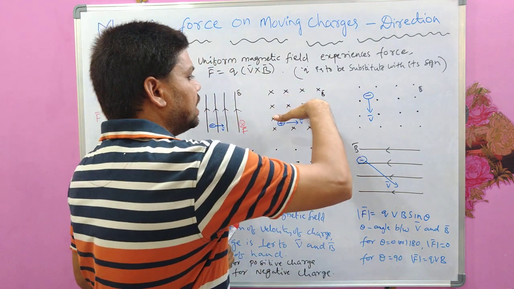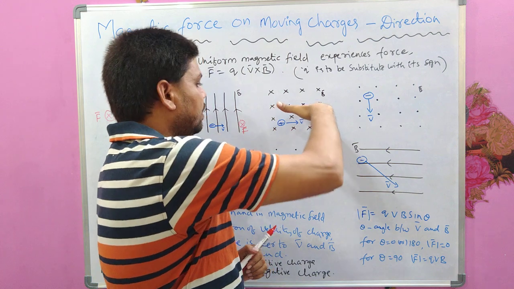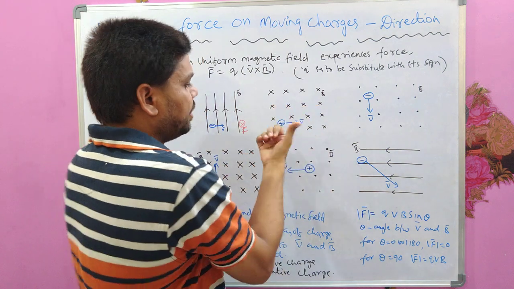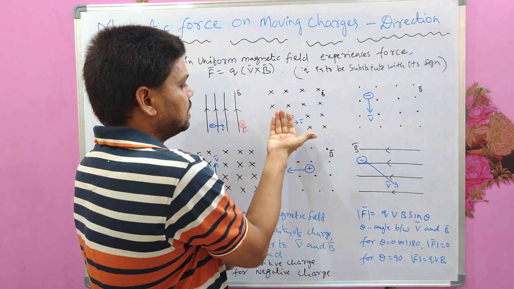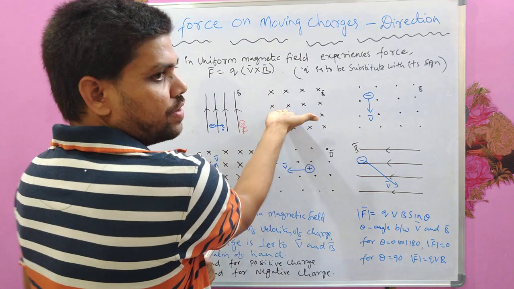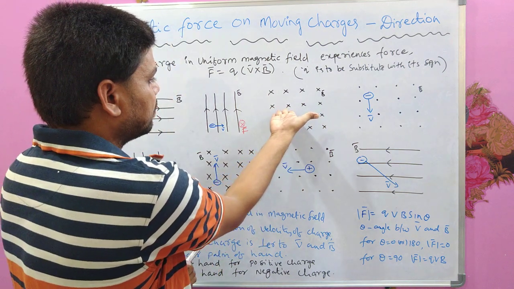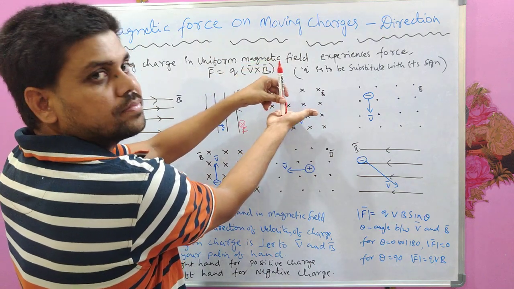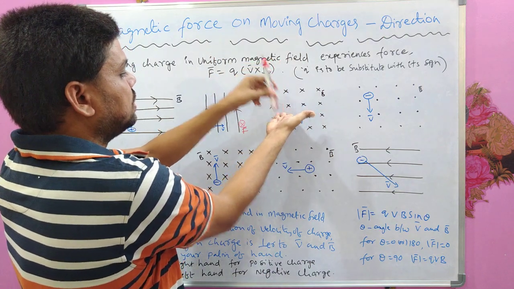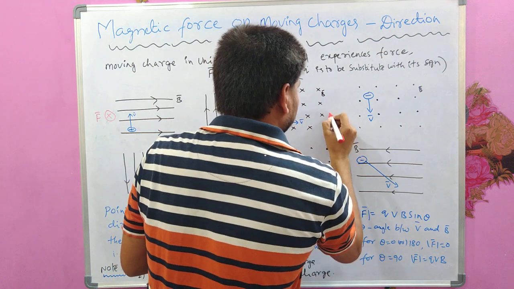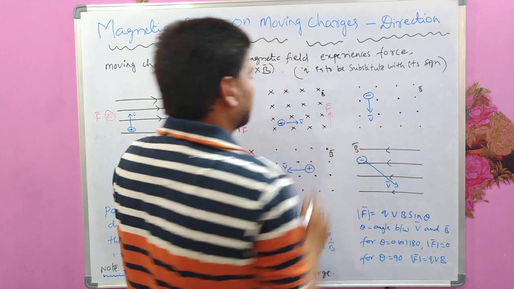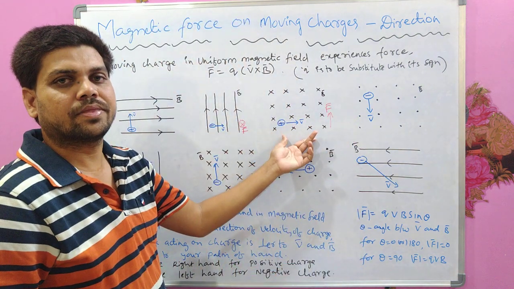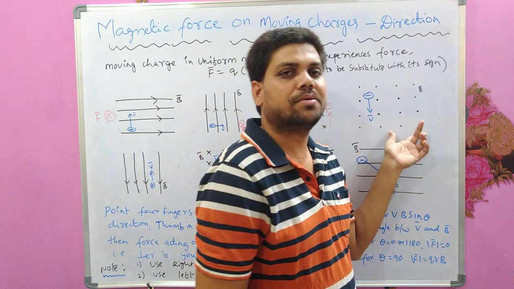Point your fingers in the direction of the magnetic field and point your thumb in the direction of velocity, this way. So the force will be upwards. The force acting on this charged particle would be upwards for this case. Now see this example.